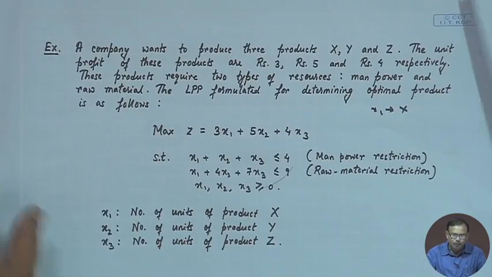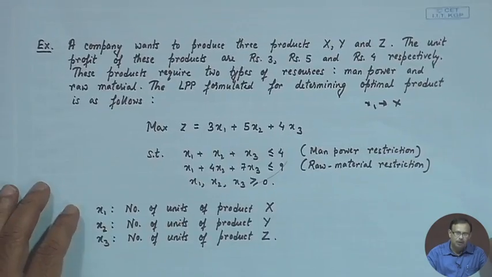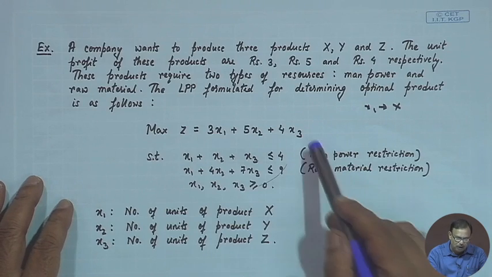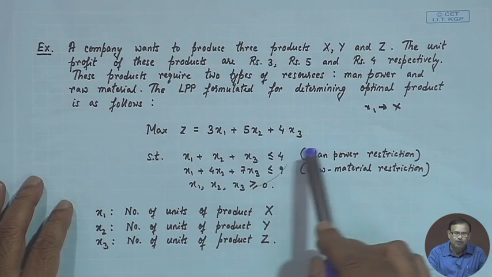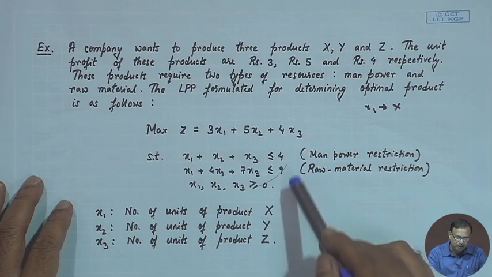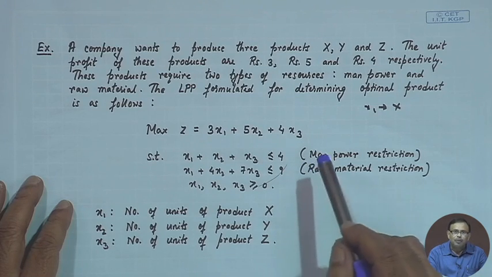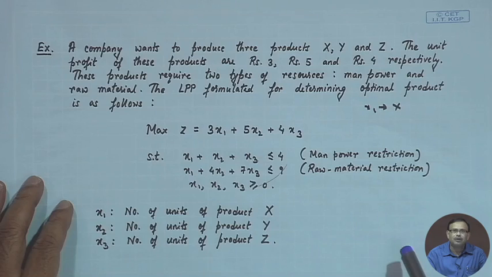Let us quickly recall, this was the original problem: maximize z equals 3x1 + 5x2 + 4x3 subject to these constraints. Basically, you are producing three types of products, X, Y and Z. Their unit prices are given as 3, 5 and 4.